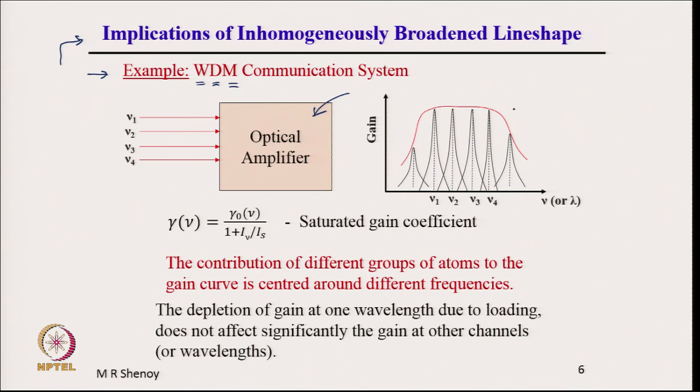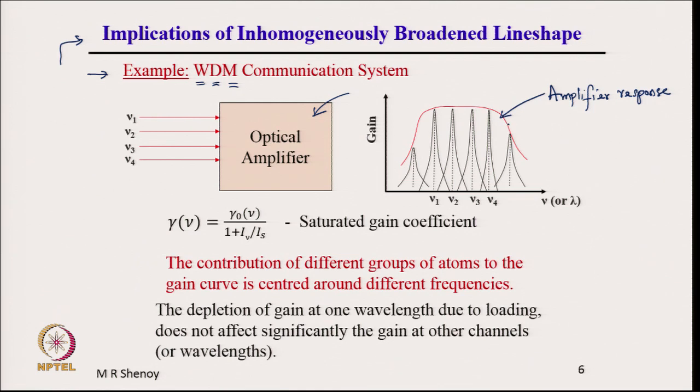Then the amplification bandwidth, so this is the net response, net G of nu, and therefore, this is the amplifier bandwidth. So, this is the amplifier response, which means gain is provided over a range of frequencies.